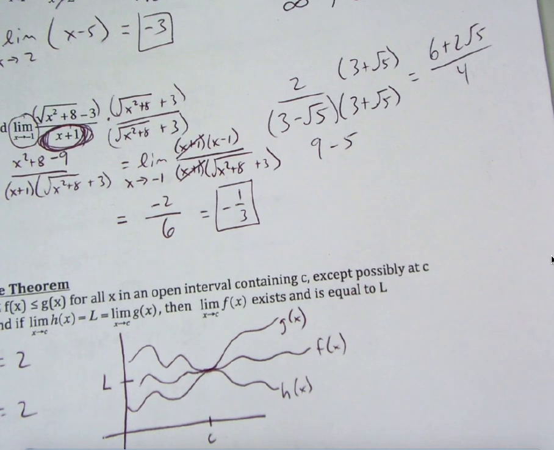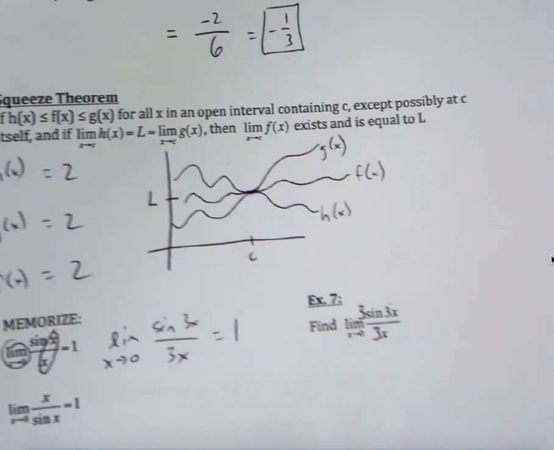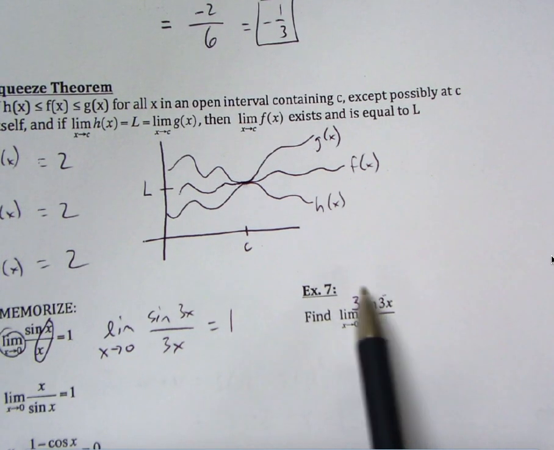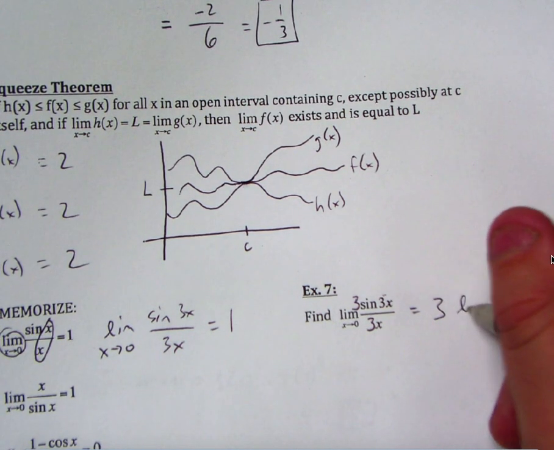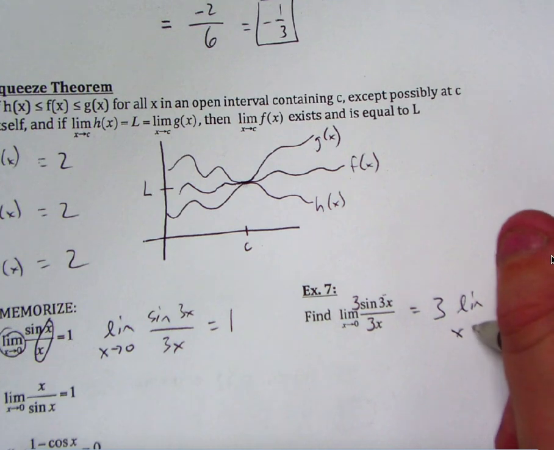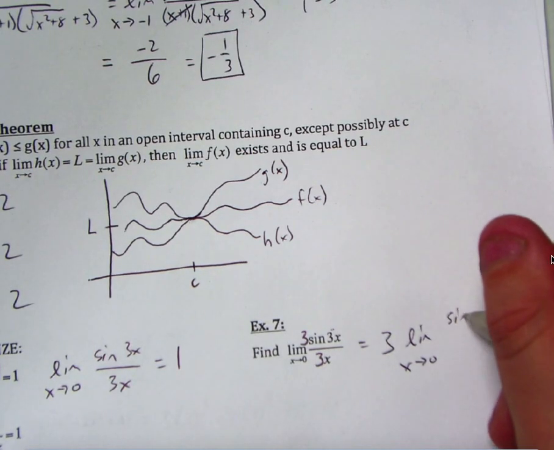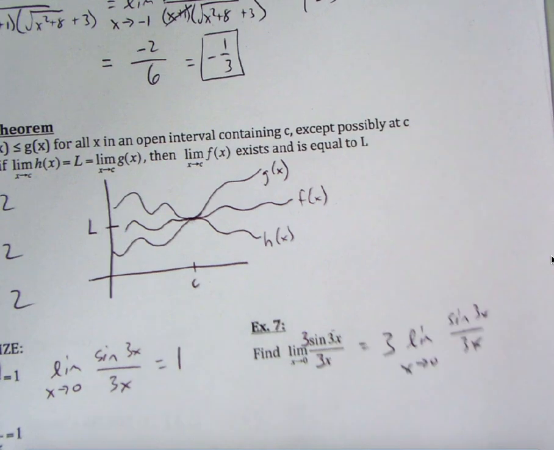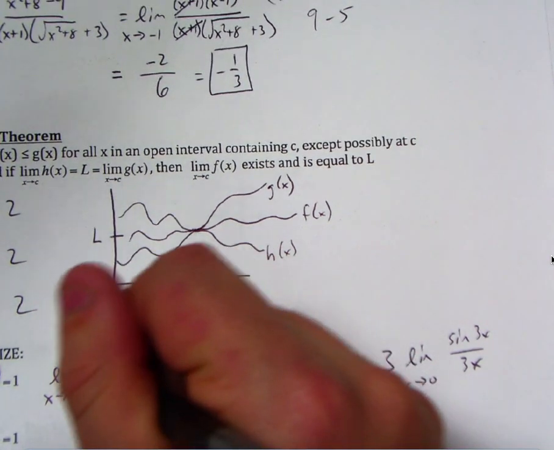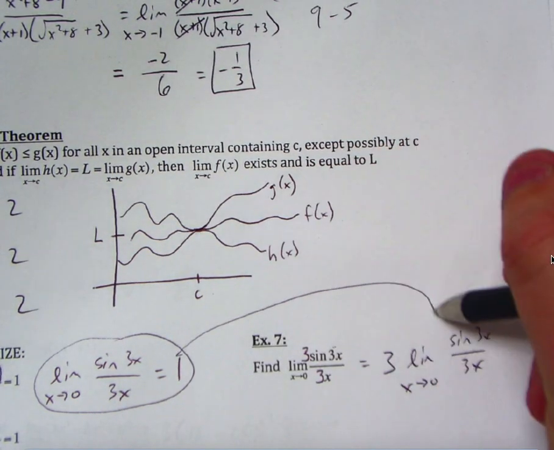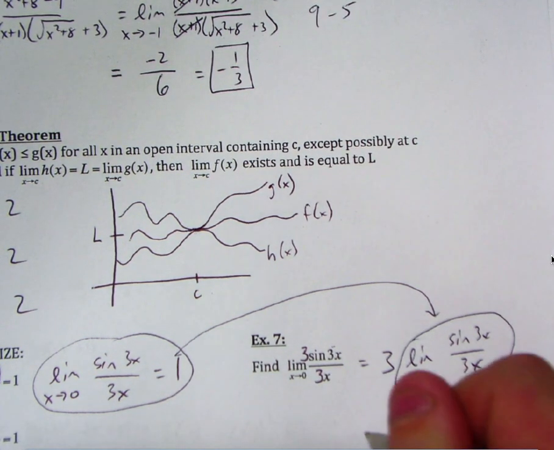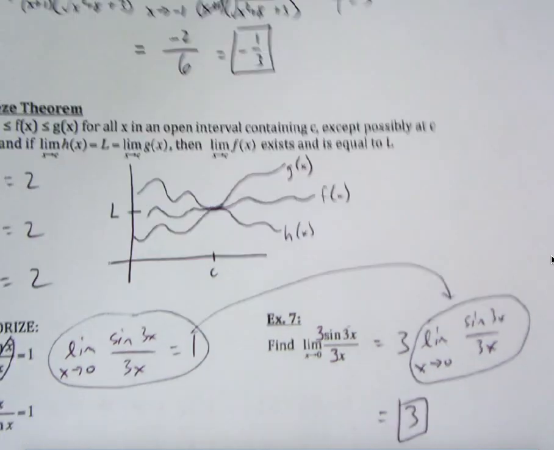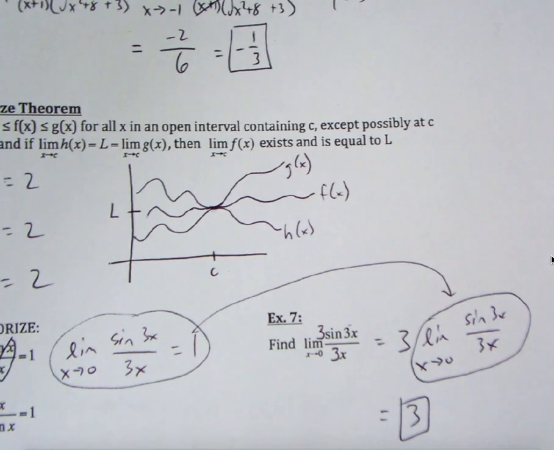This 3 is a multiple being multiplied by this function here, so we can pull the 3 out in front and write this as 3 times the limit as x approaches 0 of sine of 3x over 3x. We just talked about that right over here. This is equal to 1. So we have 3 times 1, so 3. So we just work on our manipulation.